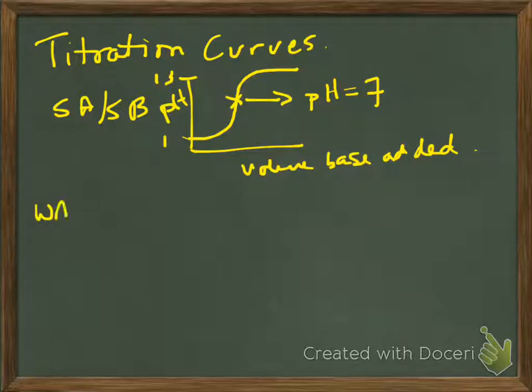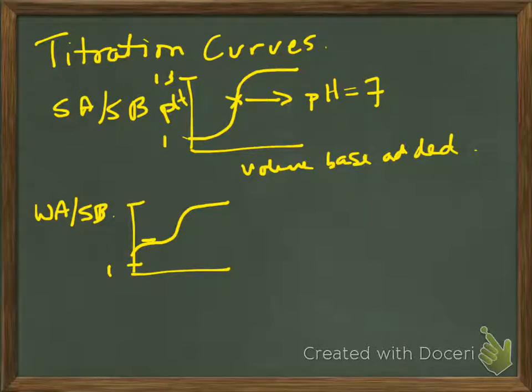Okay, if I have a weak acid and a strong base, your pH of 1 is down here. Your pH of about 13 is up here. At your equivalence point, your pH is going to be greater than 7.